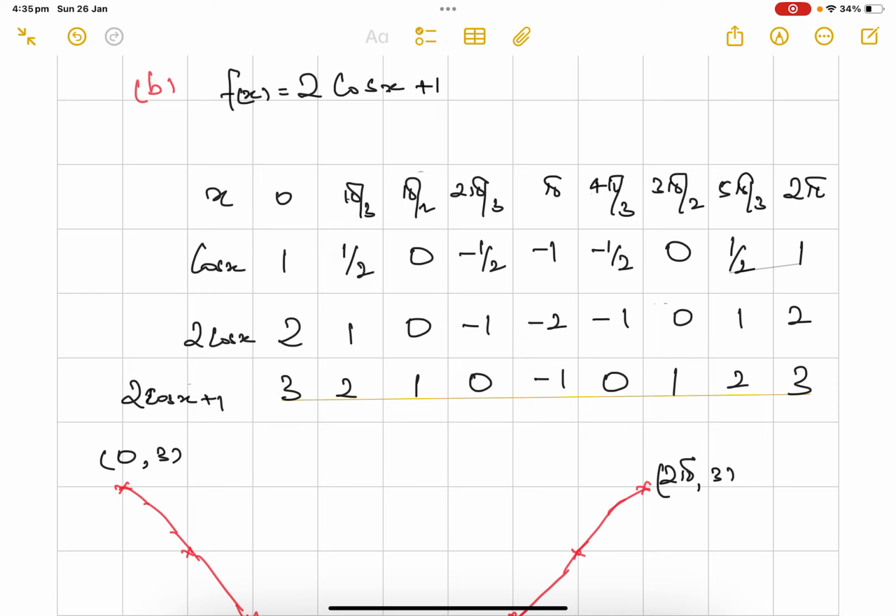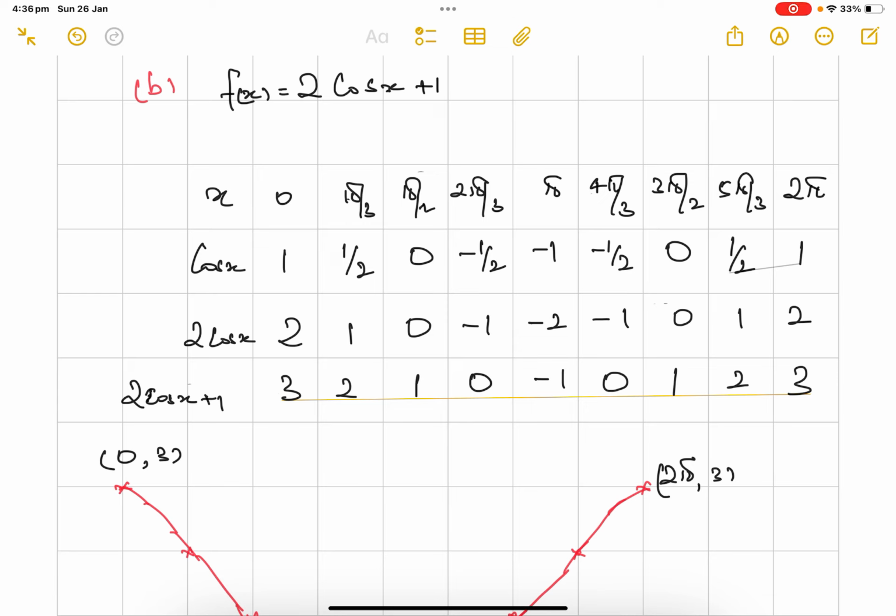Cos x is 1 at 0, half at pi by 3, which students should know. Pi by 2 is 0, then minus half, minus 1 for pi, minus half again, 0, half, 1. And 2 cos x, just double it: 2, 1, 0, minus 1, minus 2, minus 1, 0, 1, 2.